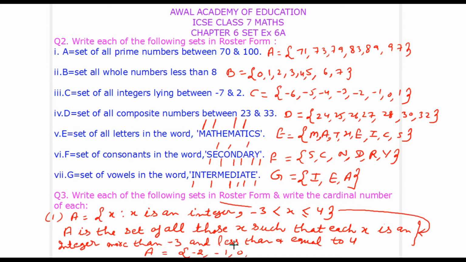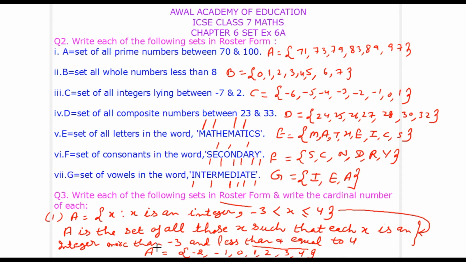Now integers, so 1, 2, 3, and this is less than and equal to. If it were only less than, then 4 would not have been included in it. Now it is also equal to 4, so we will take 4 in our answer. This is our answer. Now he has asked the cardinal number.